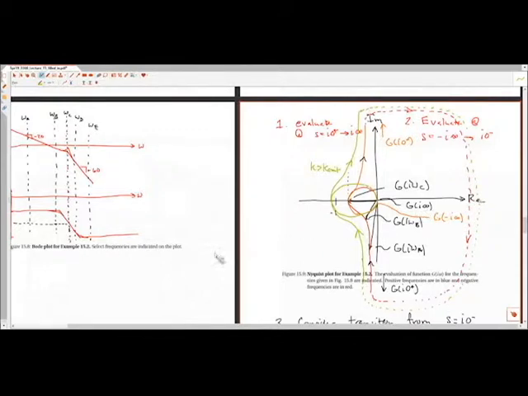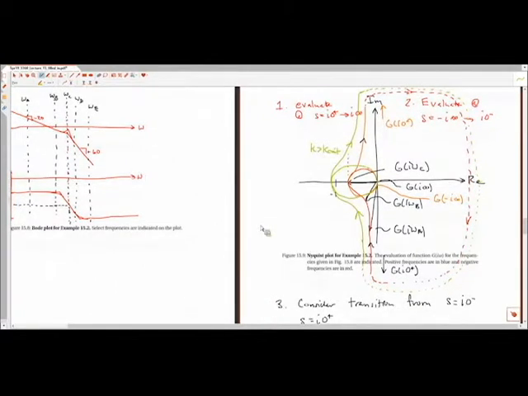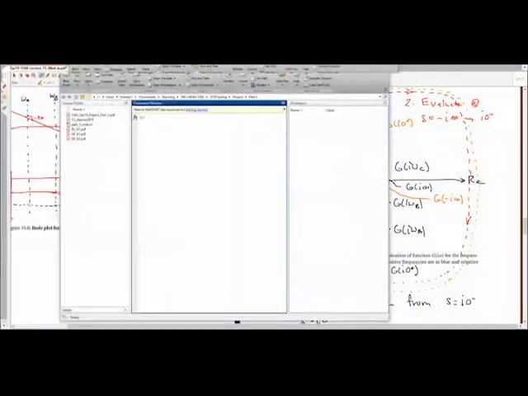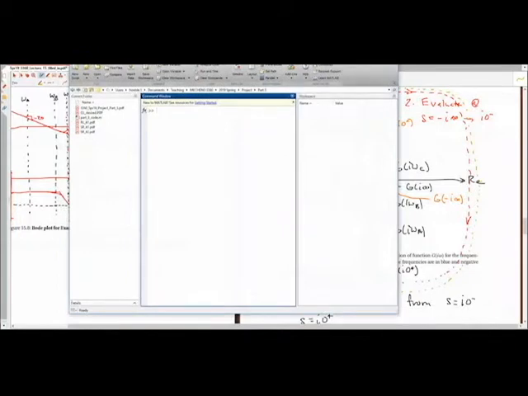Tying everything together here, for this system, if we were to look at a transfer function that looks very much like this, I'm just making up a transfer function right now as we go along. So if we have G equal to, that would do ZPK.